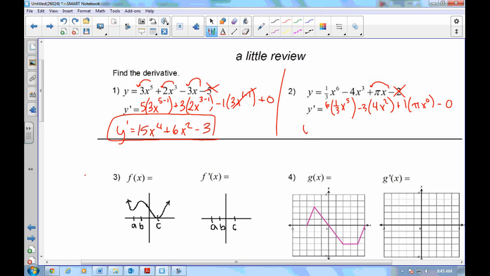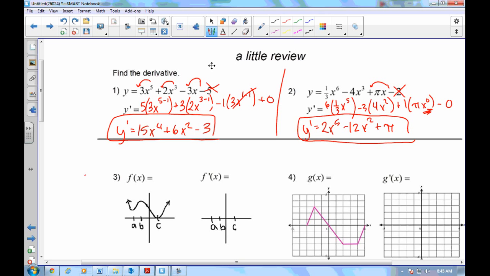So you should get y prime equals 2x to the 5th minus 12x squared plus pi, because x to the 0 is just 1, right? Any questions on those? Did you get them?